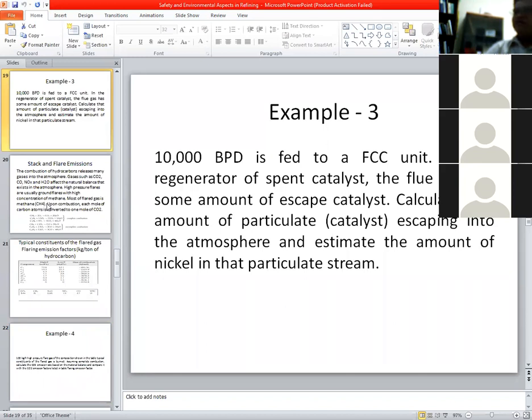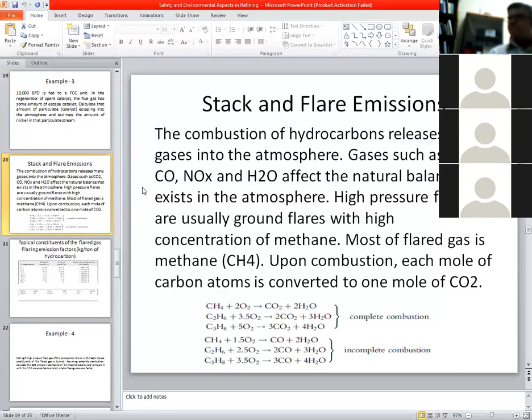Okay, so now how to calculate the stack and flare emissions. As you know, in a flare, as I told, all the gases are accumulated and burned. So there is combustion occurring. So here are the complete combustion equations.